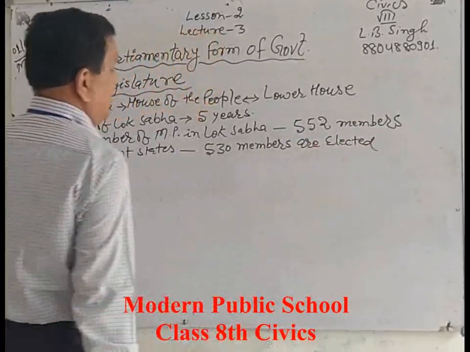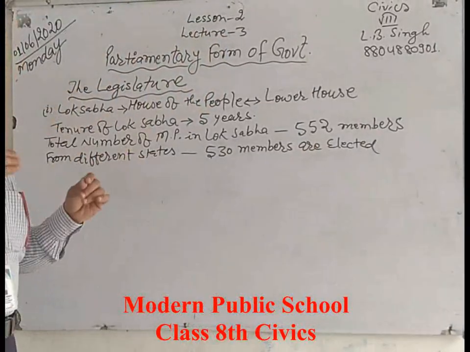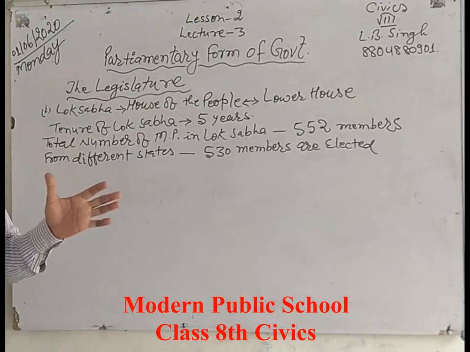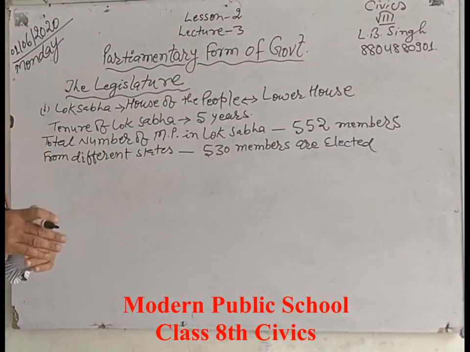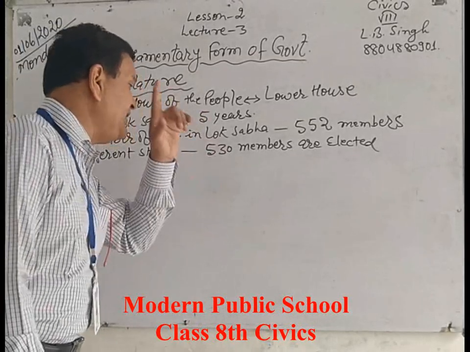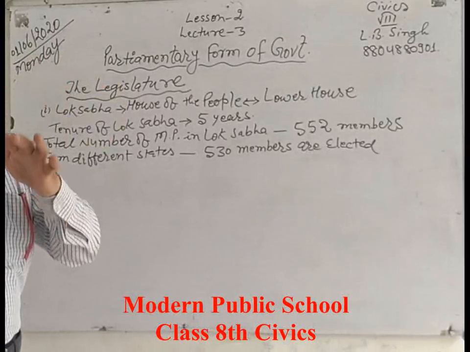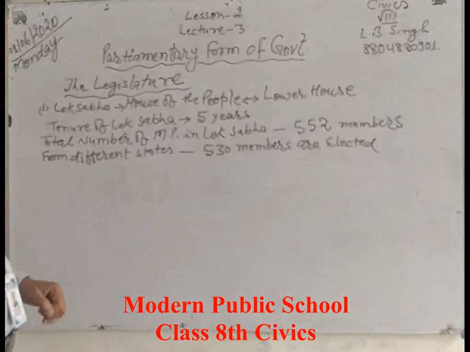India is a combination of states and union territories. So 530 members are elected by the different states of India.